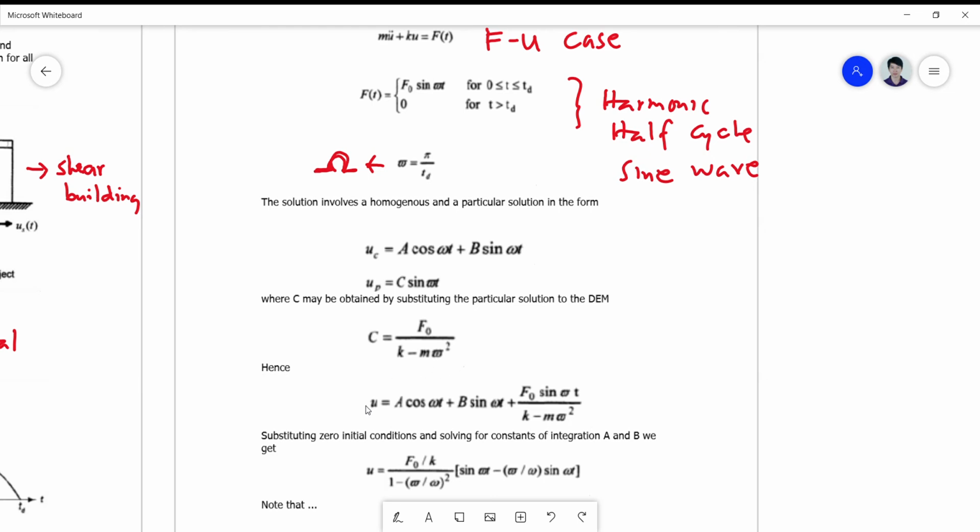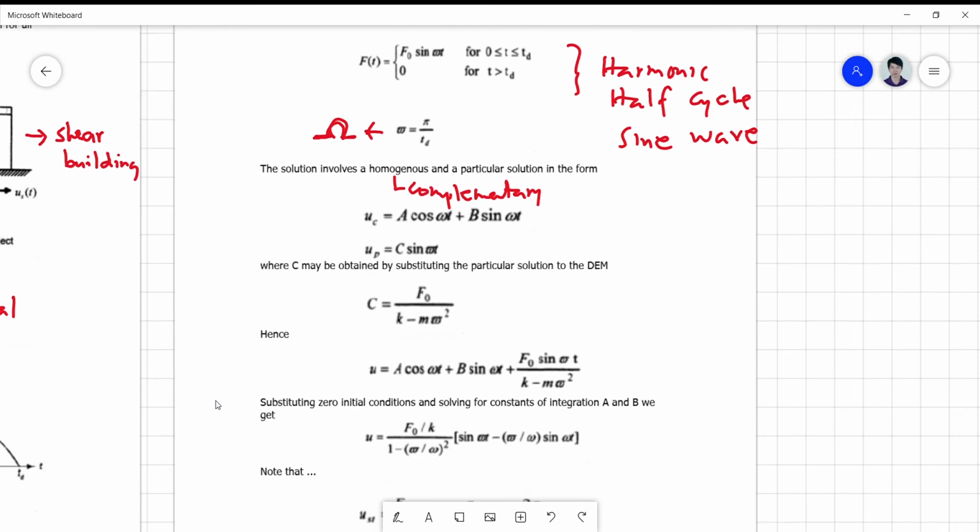Hence, the complete solution now will be the sum of the complementary solution, or homogeneous solution, and the particular solution UP.